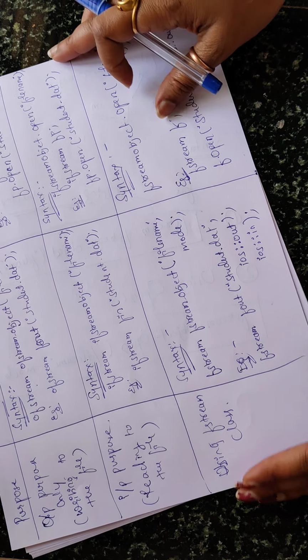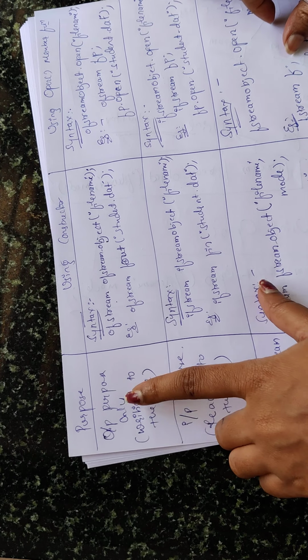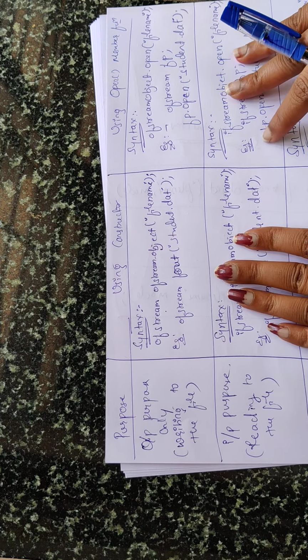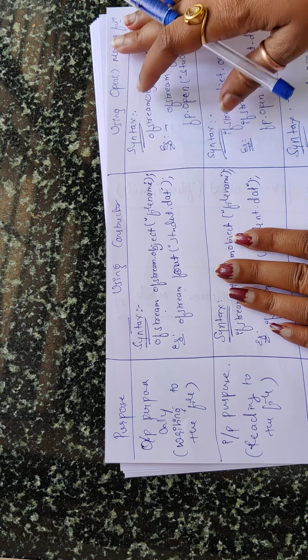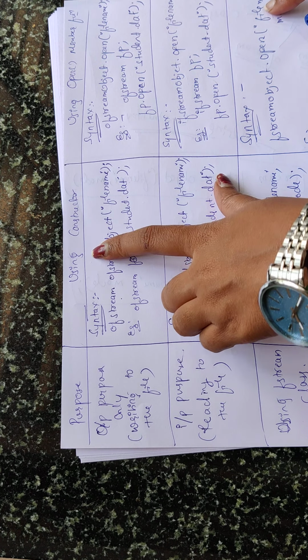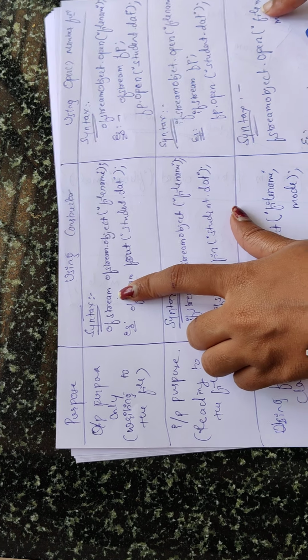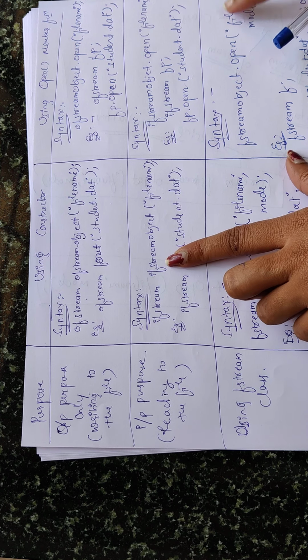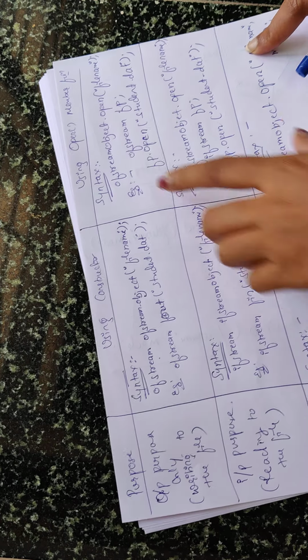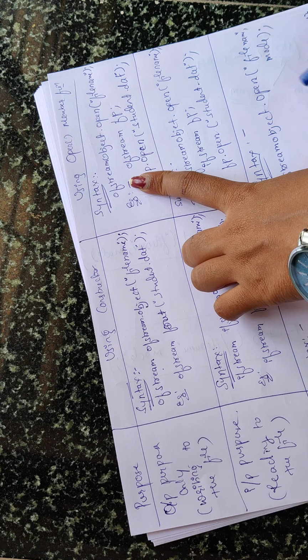We can open a file mainly for three purposes: only output, only input, and both input and output. There are two methods of opening a file: using constructor and using the open member function. Using constructor, for output purpose the ofstream class object, for input purpose the ifstream class object, and for both, fstream class. Here you have to use the open member function for each.